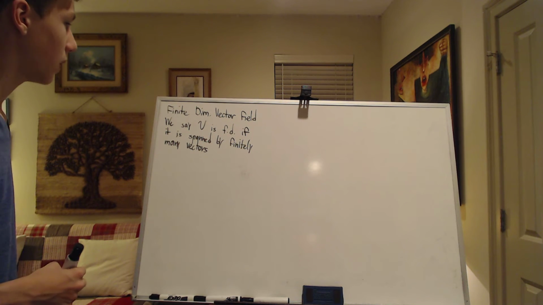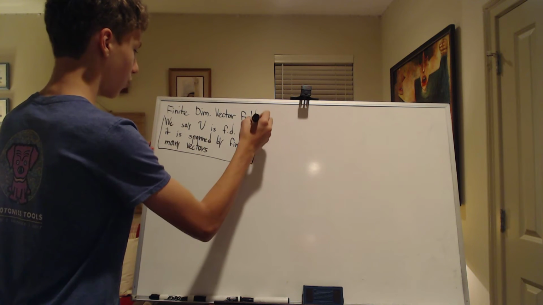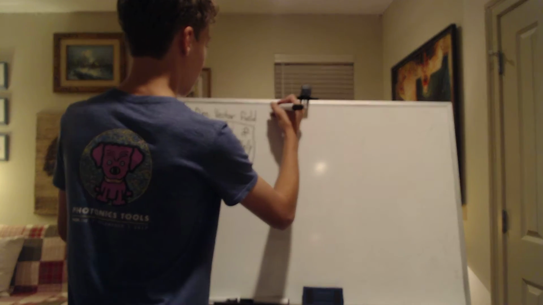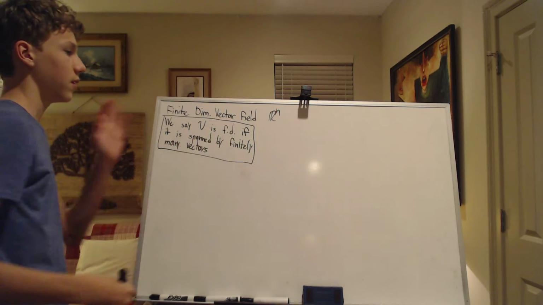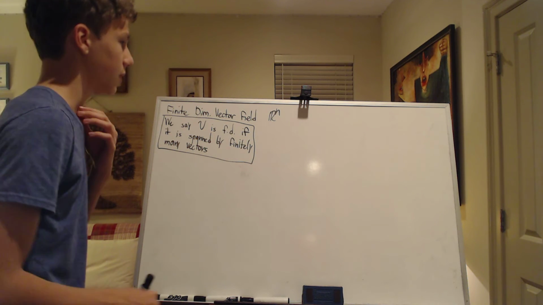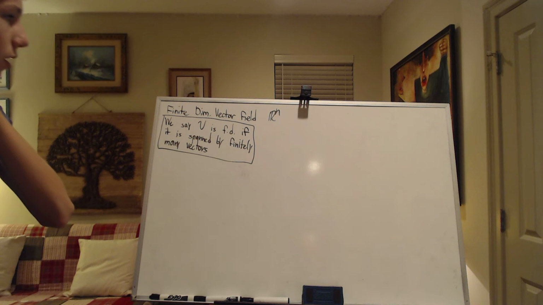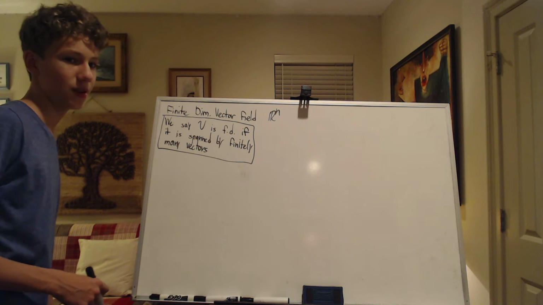This is an important definition. An example of such a vector field is Rn, where n is a finite number, it's not infinity. R infinity would quite obviously not be finite dimensional, right?